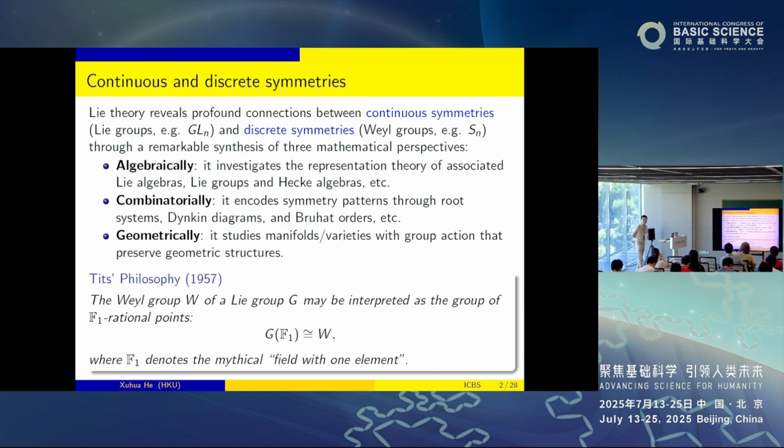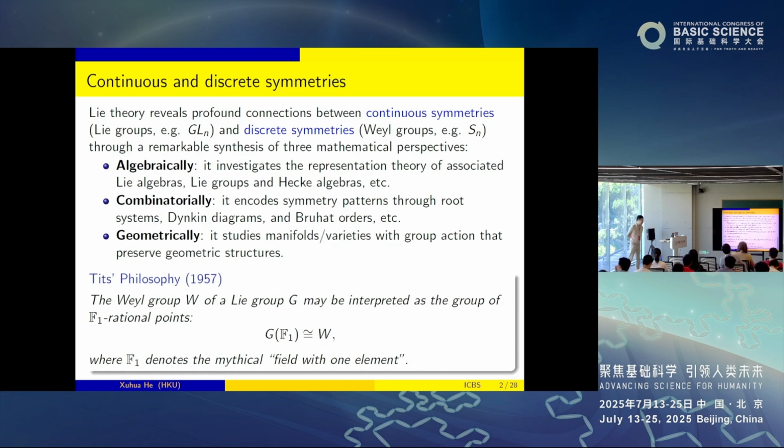To me, what attracts me most to Lie theory is a very deep and profound connection between the continuous symmetries, for example G(F), and the discrete symmetries, for example S_n. We can approach it algebraically, combinatorially, and geometrically.